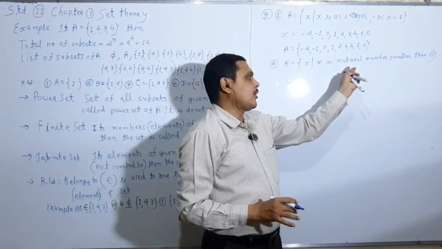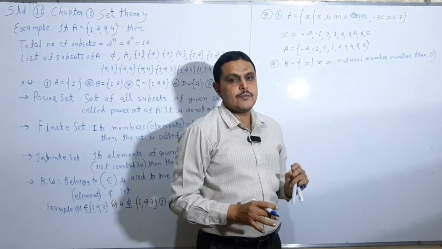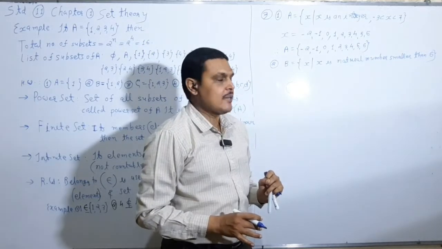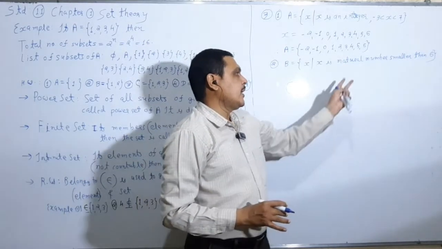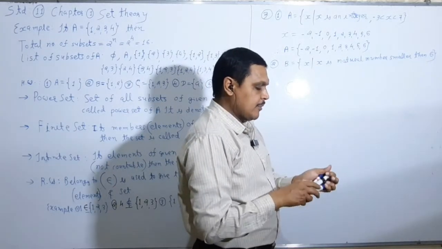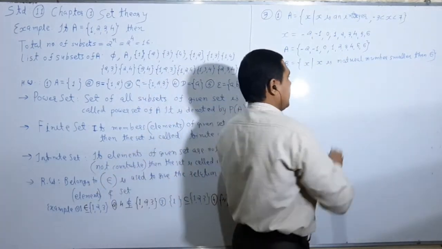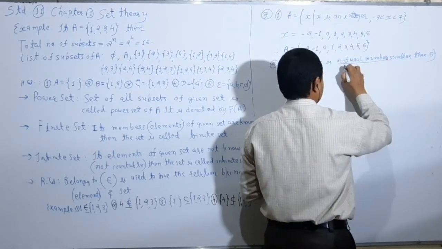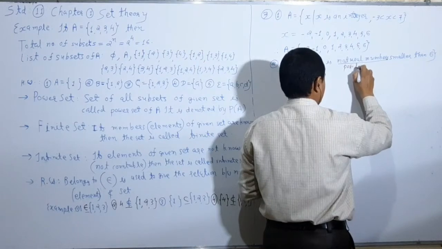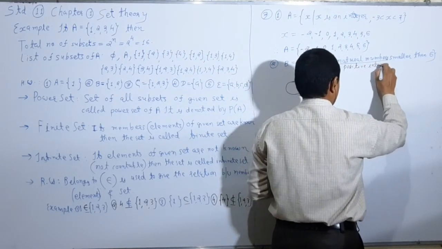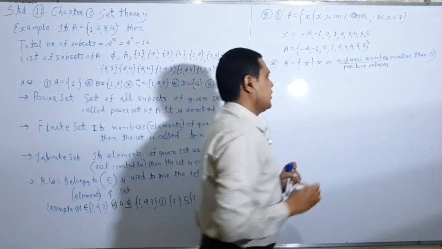In those 5 sets of numbers, the first one is the set of natural numbers, which is denoted by N, and it contains only positive integers. Natural numbers means positive integers.